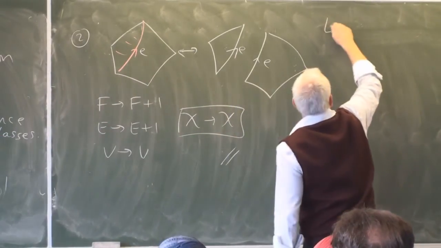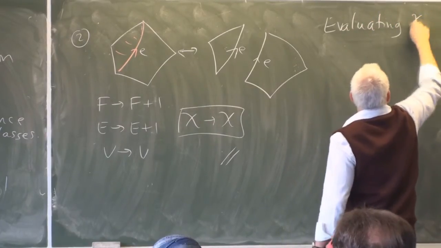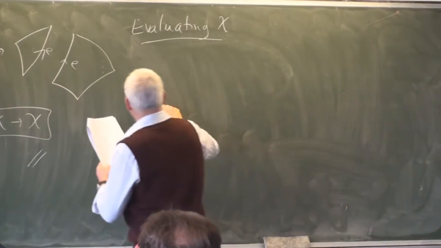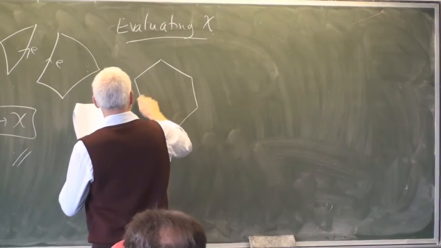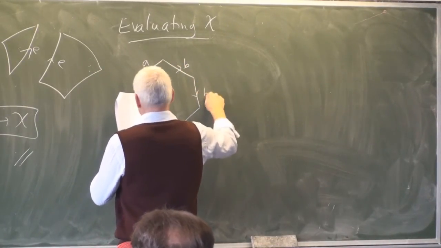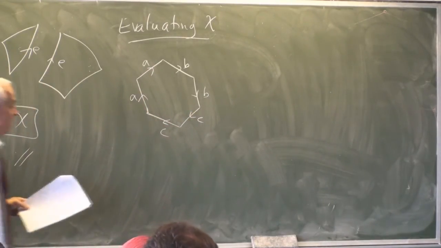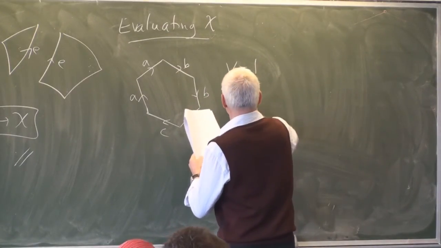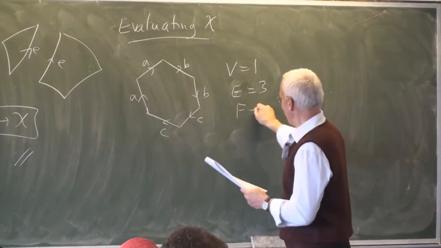And now let's finally evaluate chi. If we have a number of cross caps, say A, B, B, C, C. Well, in this case, vertices will be 1, the number of edges is 3, the number of faces is 1.